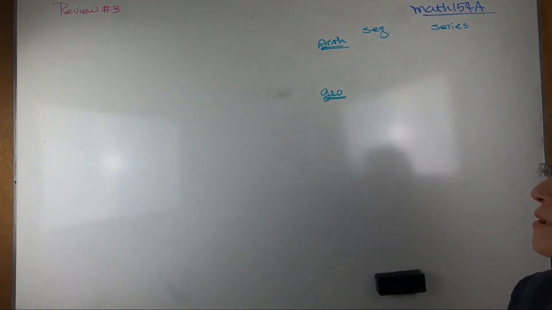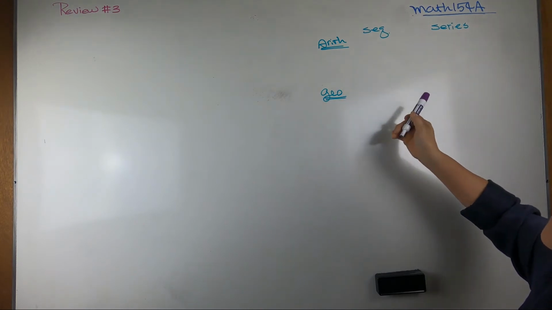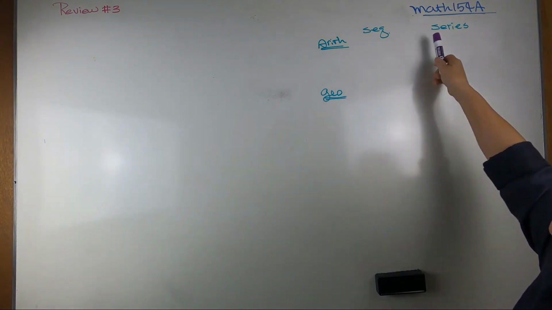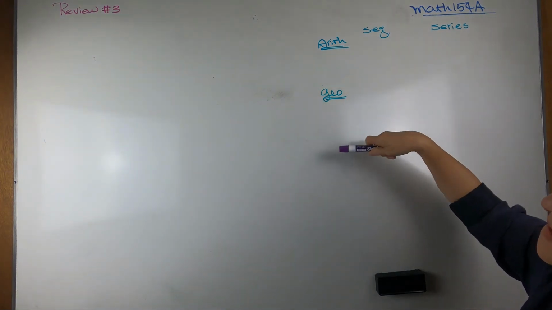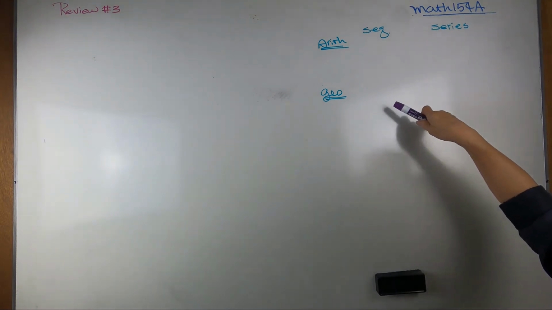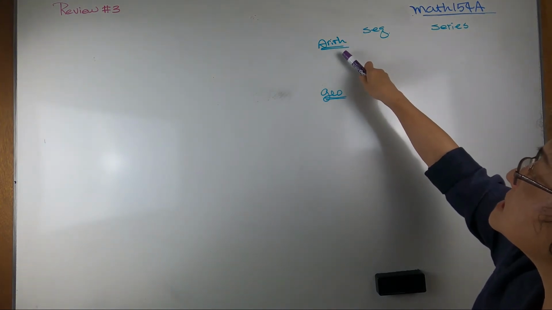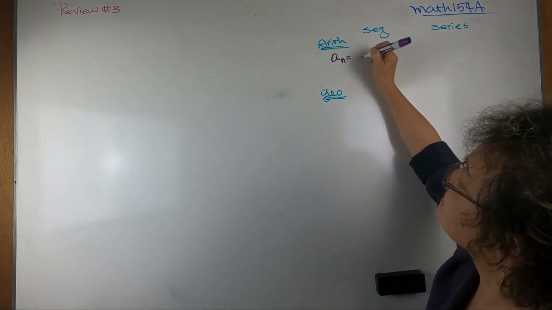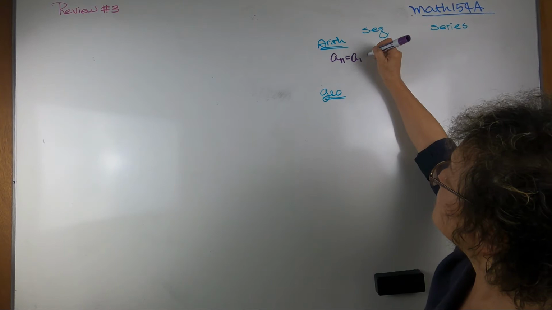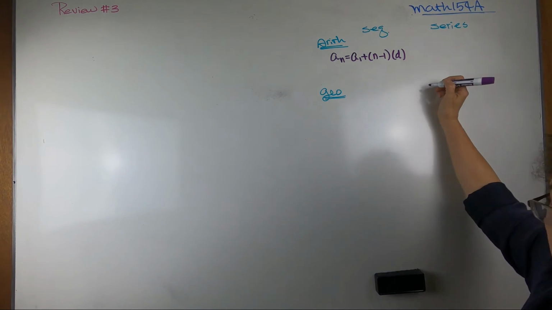Okay, let's review some patterns on your page 3. So we're talking about patterns, which are sequences and series, right? By adding, subtracting, multiplying, dividing to get the next sequential numbers. So for arithmetic sequences, what's the formula for the general term? So a_n is what? a_1 plus (n minus 1) times d, right?